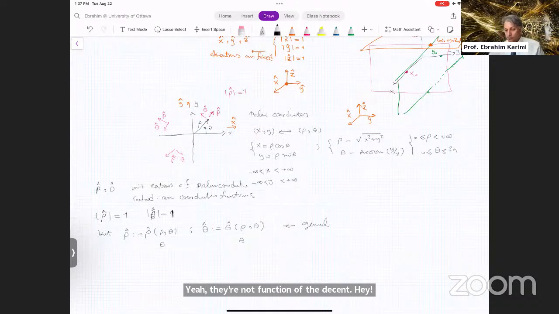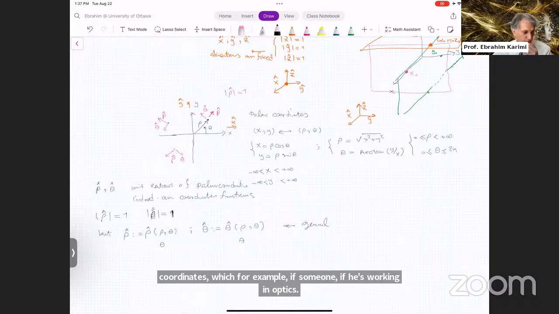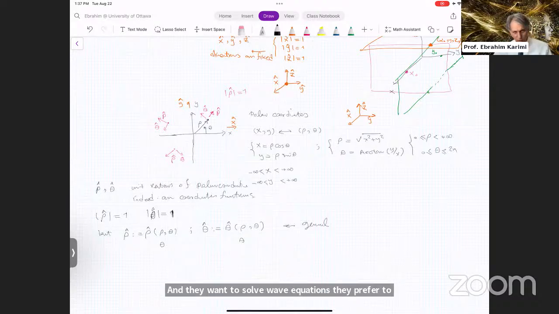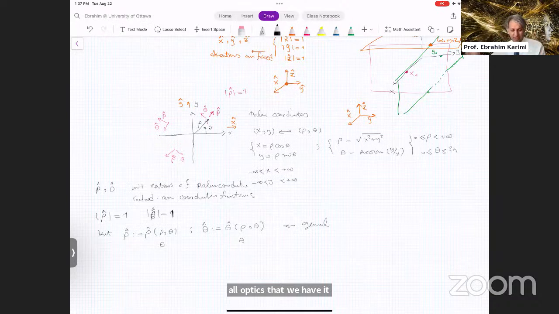Lovely. So now you understand why this is important. The Cartesian is a special case when everything is beautiful, but some physics can be easily solved based on a symmetry in the different coordinates. For example, someone working in optics who wants to solve wave equations prefers to solve the wave equation in cylindrical coordinates, because all the optics that we have in the laboratory mainly have cylindrical symmetry.